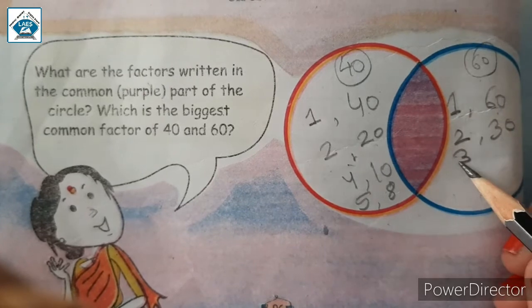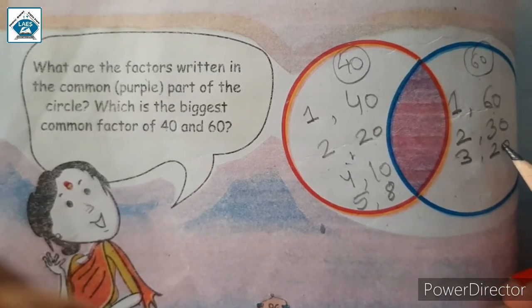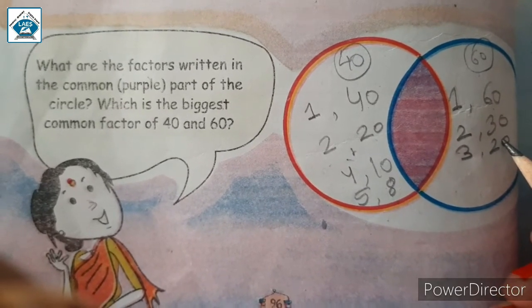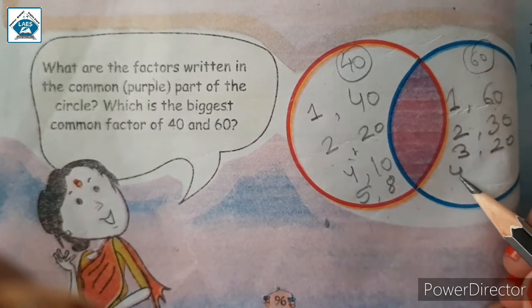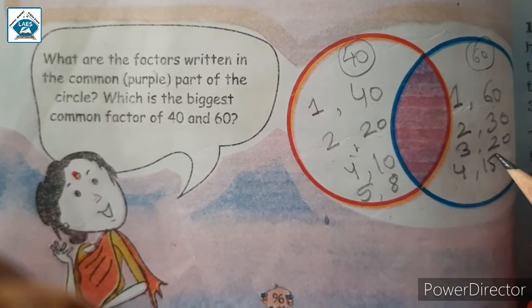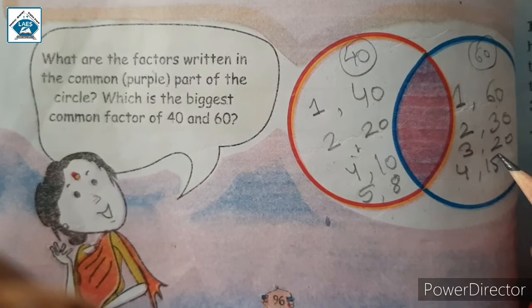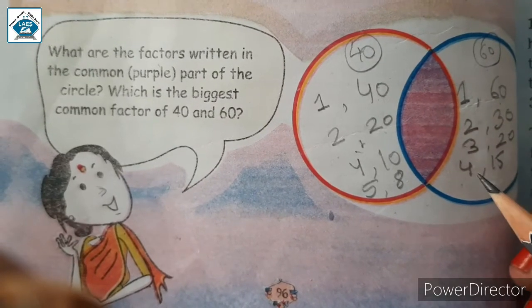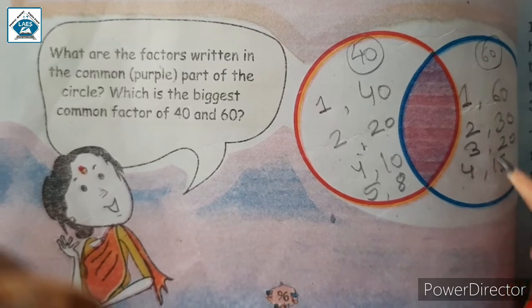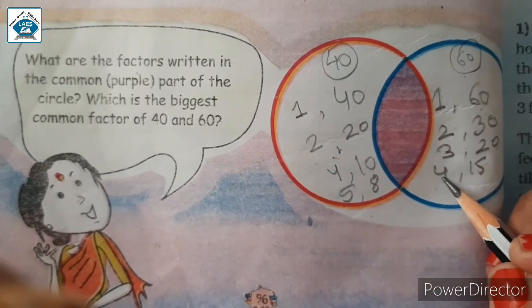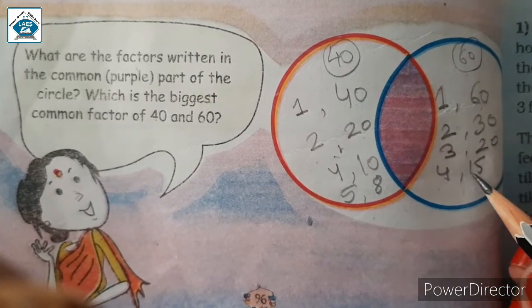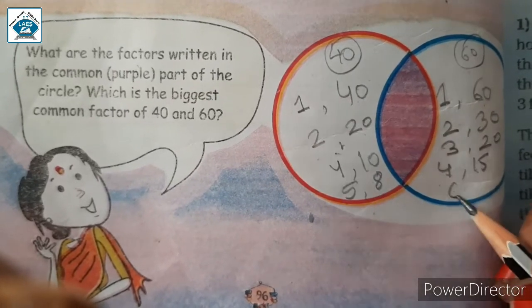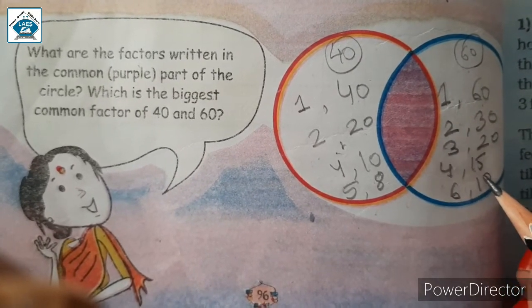Next, 3 multiplied by 20 is 60. And next, 4 multiplied by 15 is 60, because if you divide 60 by 4, you get 15. At last, 6 and 10.